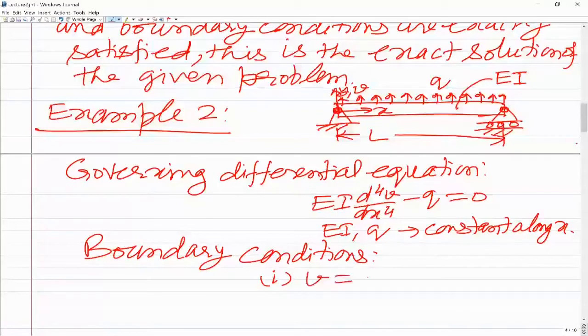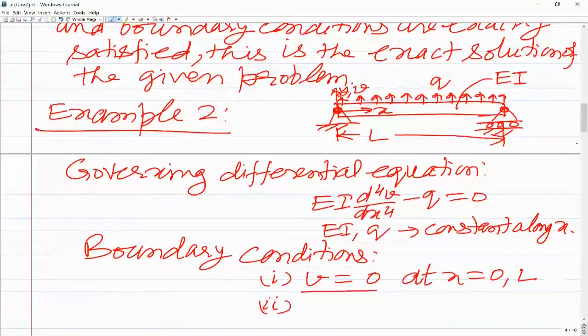Similarly the right side also would be 0. So v equal to 0 at x equal to 0 as well as at x equal to L. I am writing that as v equal to 0 at x equal to 0, L. These are actually two conditions: v equal to 0 at the left end, v equal to 0 at the right end.